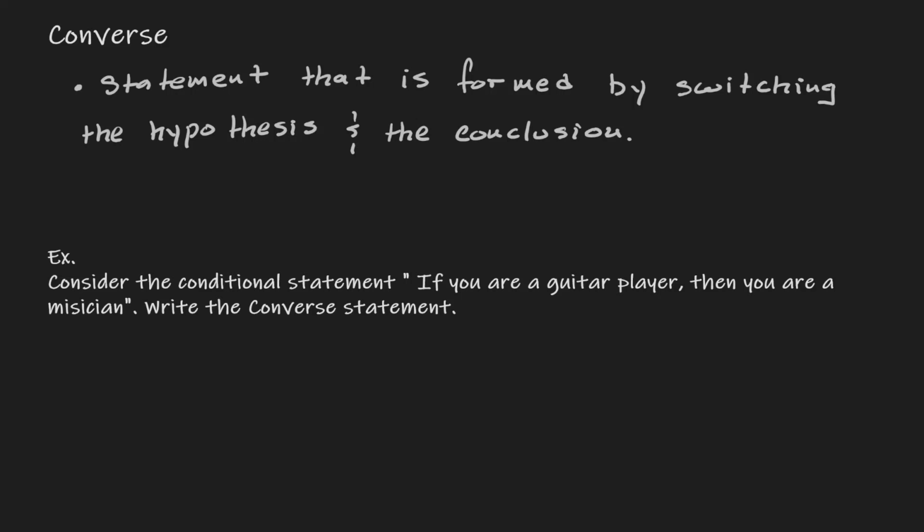Okay, so how do we accomplish that? Well, we need to start by identifying what is the hypothesis and what is the conclusion of the conditional statement. Here we know that the hypothesis is in front of the if statement: you are a guitar player. This is my hypothesis. You are a musician.